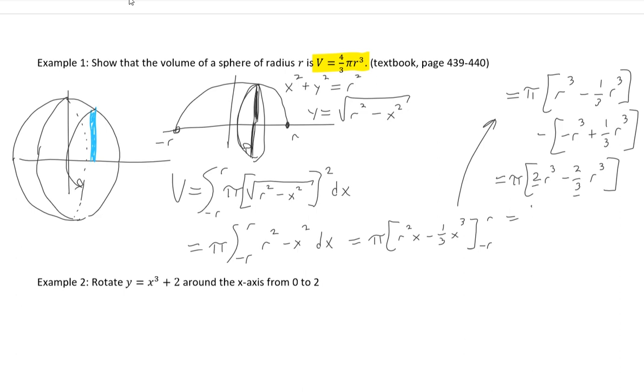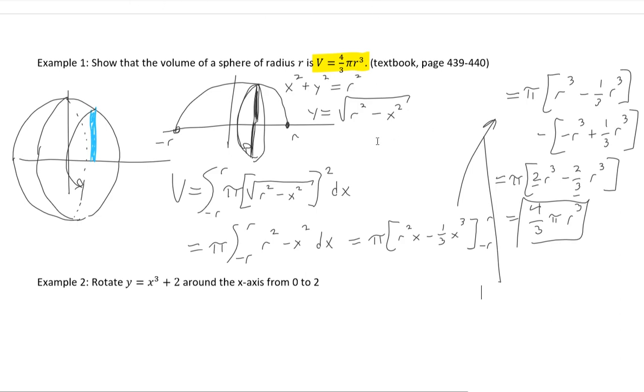So we do get 4/3 pi r cubed as our answer there. All right, so that's showing that we can get the volume of a sphere using the process of integration. So if you wondered where that formula came from, why it is kind of similar to pi r squared but is different, this is why.